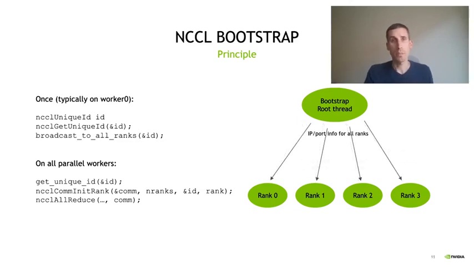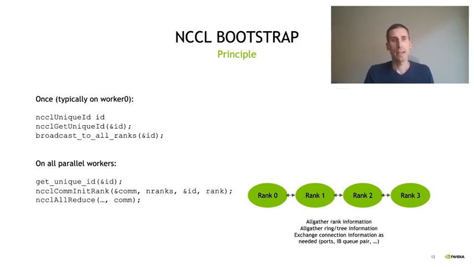And once the bootstrap thread has gathered all the information from all the ranks, it will then pass the complete array of information to all the ranks so that they can then connect to each other and communicate with each other. And then later on, during the rest of the ncclCommInitRank function, this mechanism will be heavily used to perform all the communication needed to establish connections, properly align all the protocols used, the algorithm used on the same size, etc., and make sure all the ranks can talk to each other to initiate the communication.